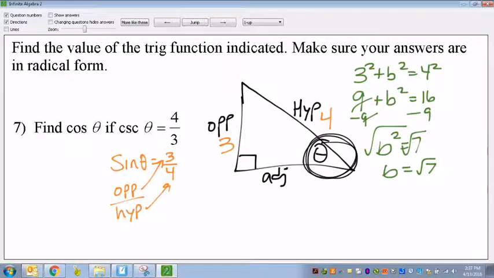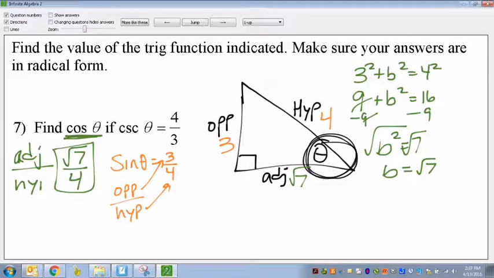So we know that the adjacent side is radical 7. Now we can find cosine. So cosine, as we know, is adjacent over hypotenuse. So the adjacent side is radical 7 over the hypotenuse, which is 4. So my answer is radical 7 over 4.